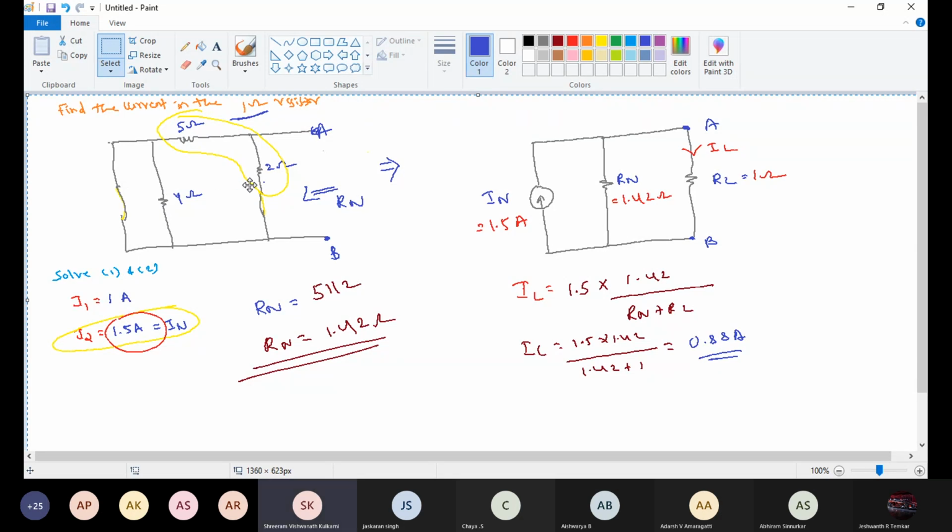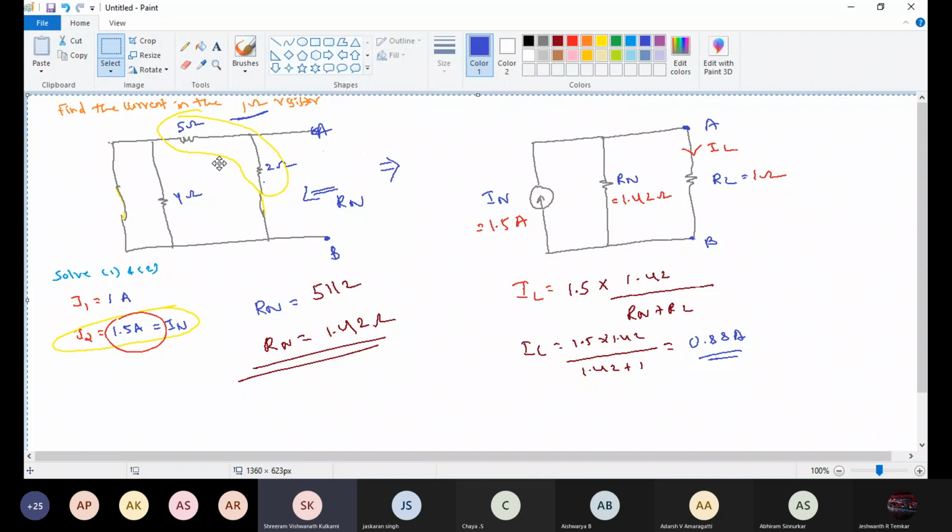So we need to consider the resistance 5 and 2 which are in parallel. We need to see resistance across A and B. Means viewing from the points A and B, we will only get 5 and 2 in parallel.